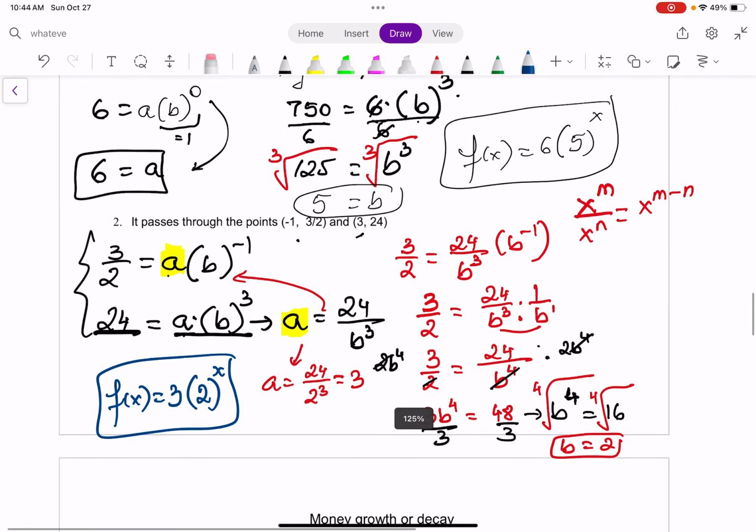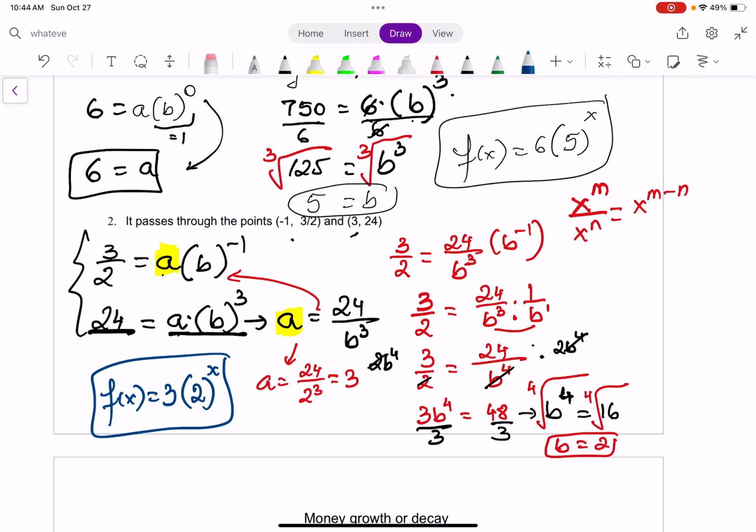So maybe you wouldn't have thought of it with those funny answers, but you can test it, right? 3 times 2 to the 3rd, that gives you 24. 3 times 2 to the negative 1, that gives you 3/2.